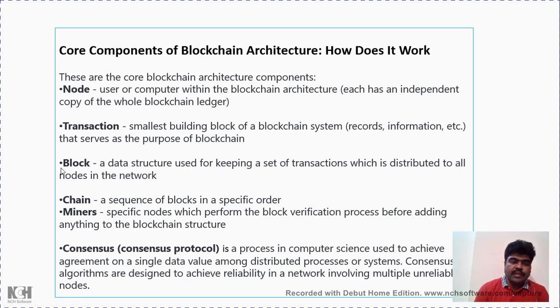Next is the transaction, the smallest building block of the blockchain system. It can be a record or information that serves the purpose of the blockchain. Then the block: a data structure used for keeping a set of transactions, which is distributed to all nodes in the network.